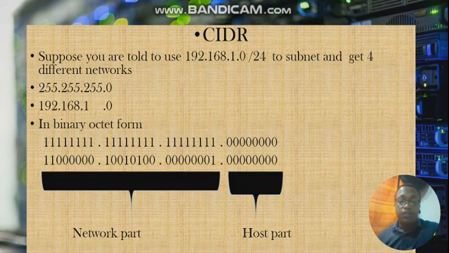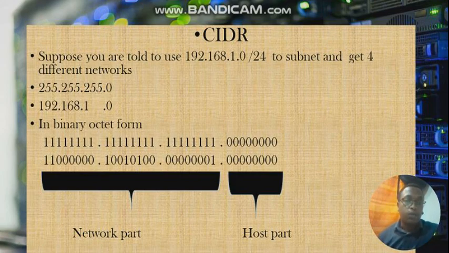Now, in a dotted decimal notation of representing IP version 4 addresses, you have 255.255.255.0 as the subnet mask of this network. Remember, we have a prefix of 24, and 192.168.1.0 as the network in this example.